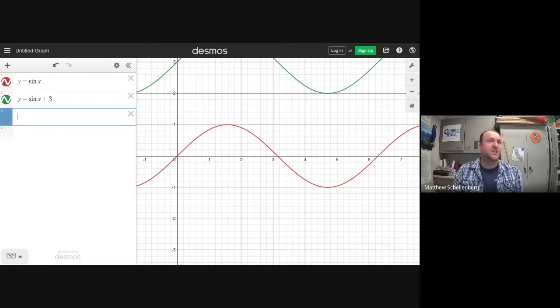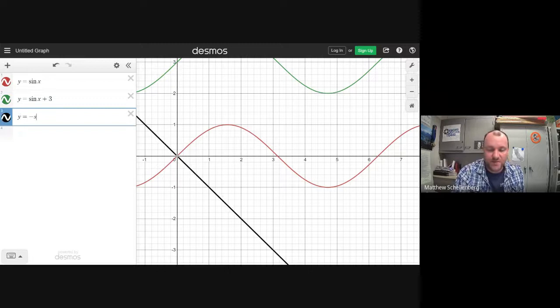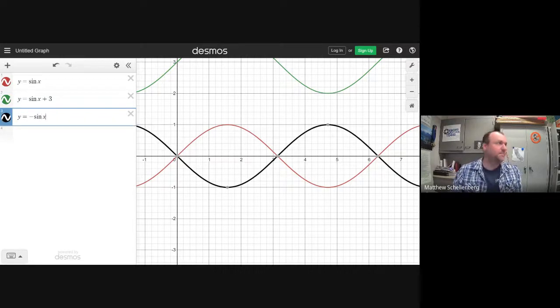So we have to change the a value to be negative. So all we have to do is do y equals negative sine of x. And I want this color to be blue. And so that would be the mirrored form of the sine function, the one reflected across the x-axis.